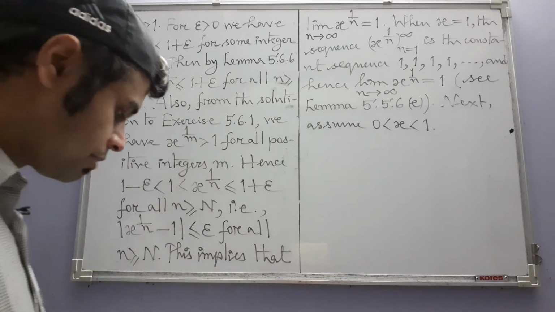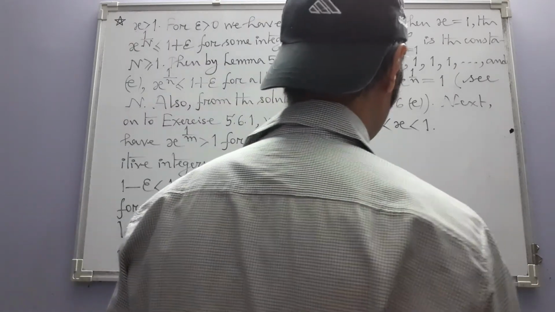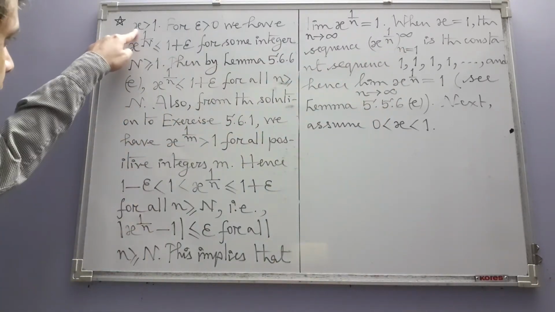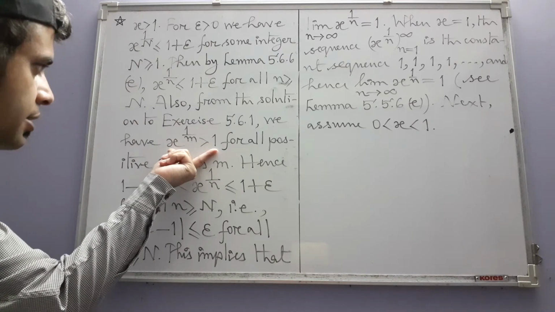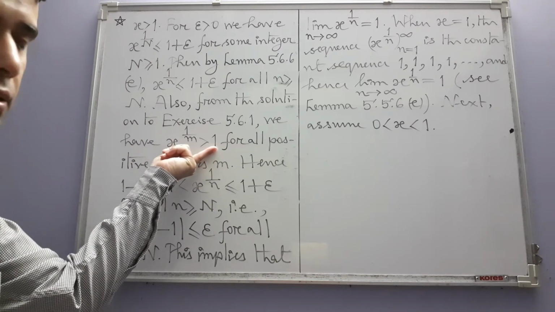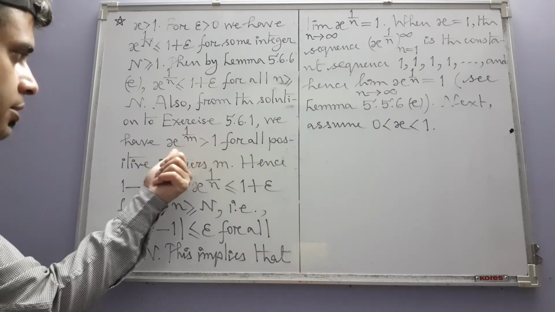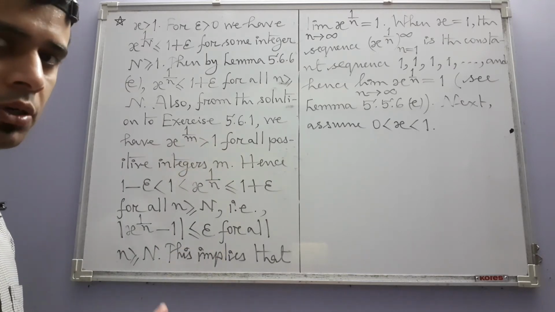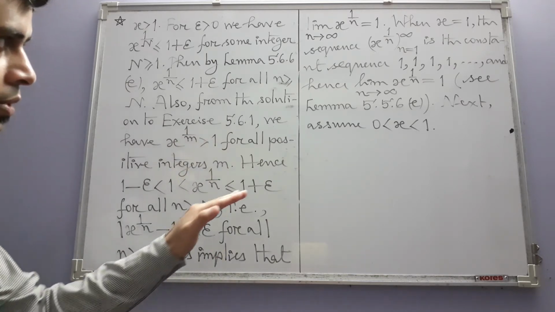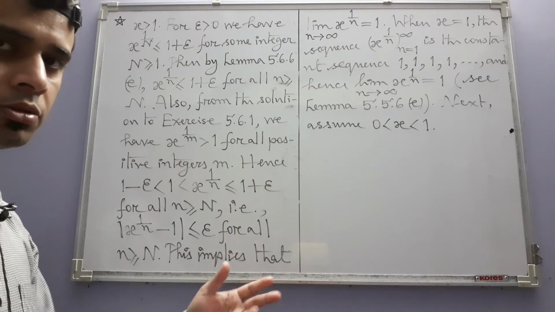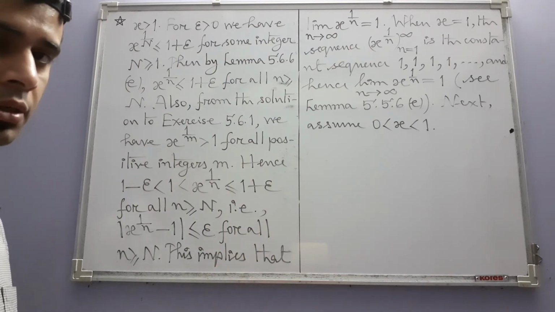And in this case, just like when x is greater than 1, we have these inequalities that the mth root of x is greater than 1 for any positive integer m, here when x is less than 1, those mth roots will themselves be less than 1.